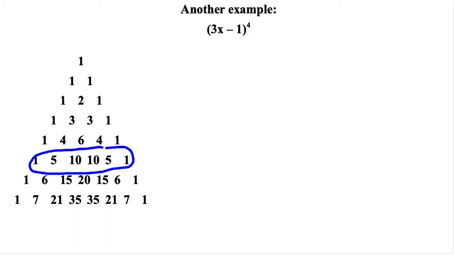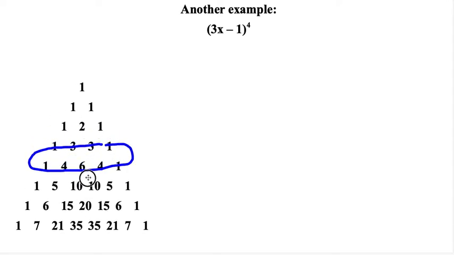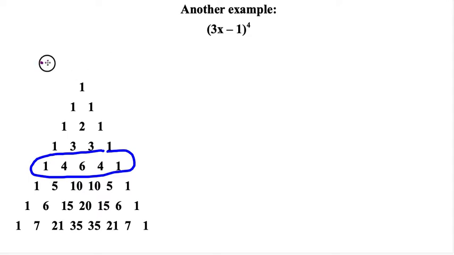Okay? Now, in this case, our other example, and let's move you down, we're going to be looking actually at the fourth row because we're raising it to the fourth power. But I'm going to create a little bit more space for myself here. We're raising 3x minus 1 to the fourth. Now, until you get the hang of this, I strongly recommend that you just write out your spaces, leave yourself plenty of space to write so you don't get too crowded.